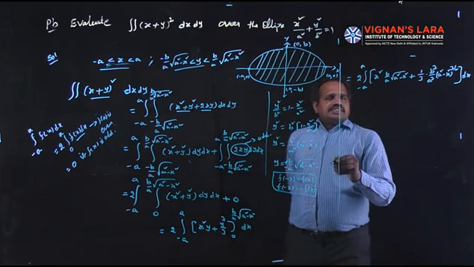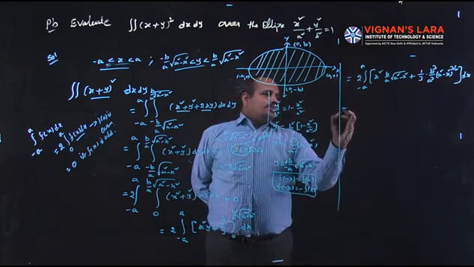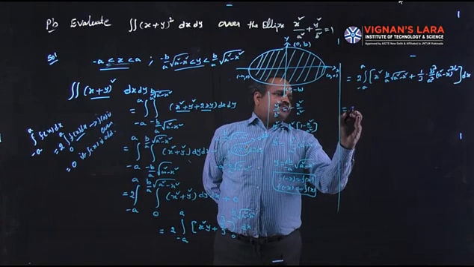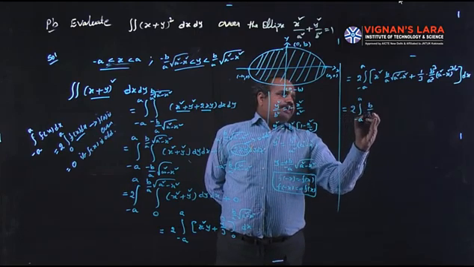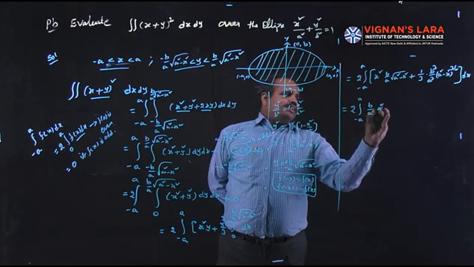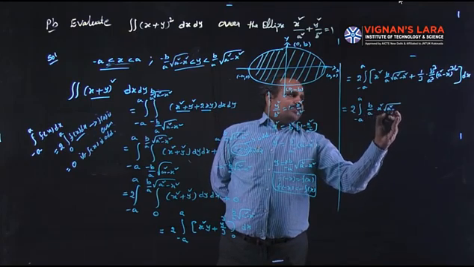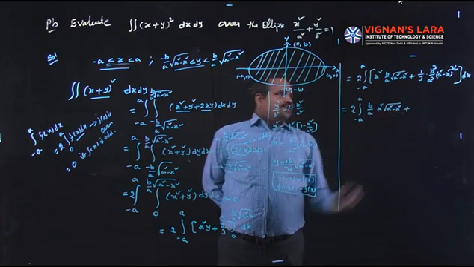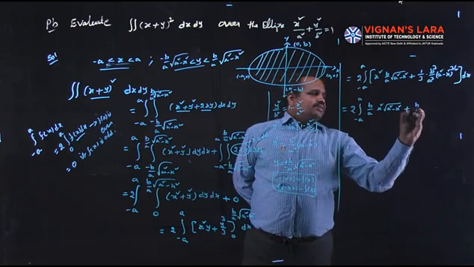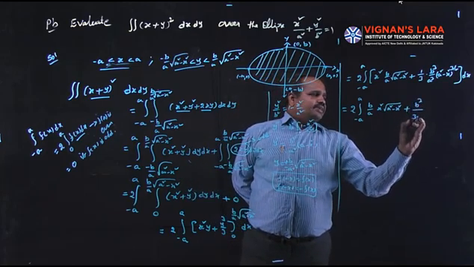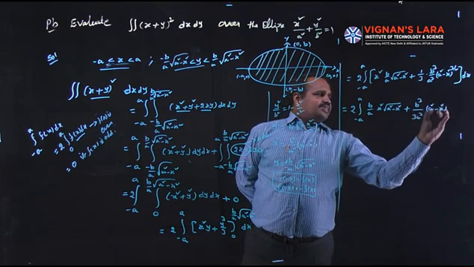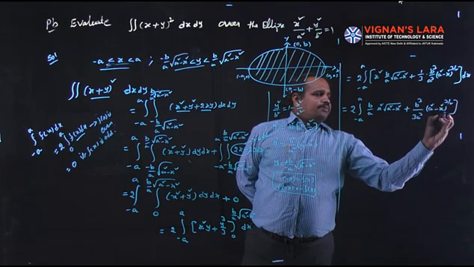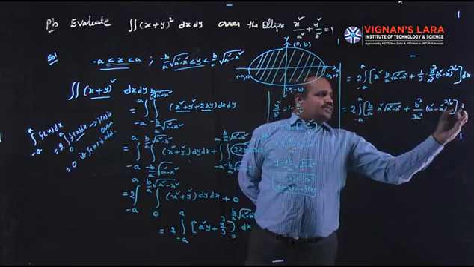Now which is equal to 2 into integral minus a to a, b by a into x square under root of a square minus x square plus b cube by 3a cube into (a square minus x square) power 3 by 2 dx.